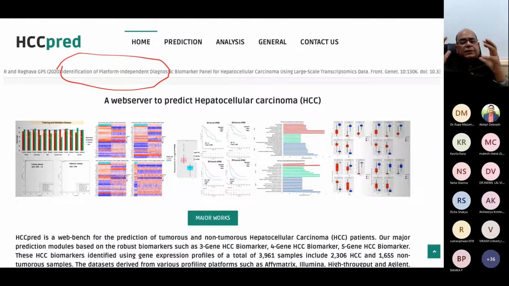The question is, can we develop a method which works for any data coming from the different types of platforms? Here we have used large-scale transcriptomic data. So ideally, your biomarker should work on any type of data.